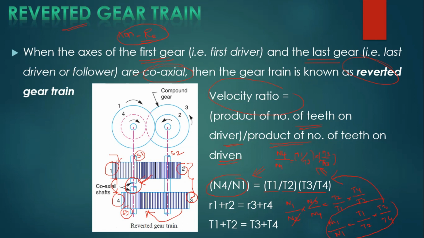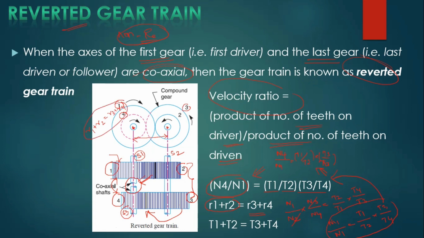Now, the same way, R1 plus R2 equals R3 plus R4. See, this is the center of gear 1 and gear 4, and this is the center of gear 2 and gear 3. What is the distance between them? Both are the same. R1 is meshed with gear 2, so R1 plus R2 equals the distance for gear 4 meshed with gear 3, which is R3 plus R4.